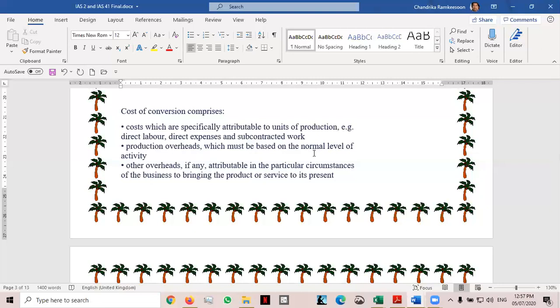And in the period, the normal activity level, not the estimated, not the budgeted or anything, the normal activity level, what the business normally would produce, is 25,000 units. Then the fixed production overhead per unit would be $2. Other overheads, if any, attributable in the particular circumstances of the business to bring the product or service to its present location and condition.